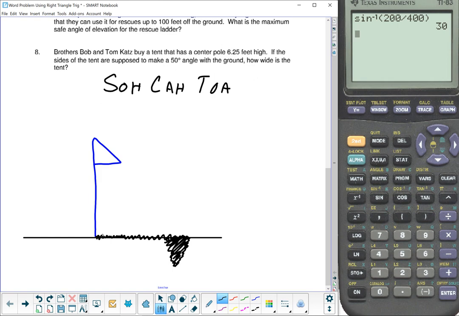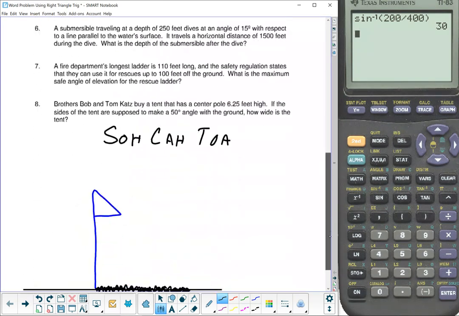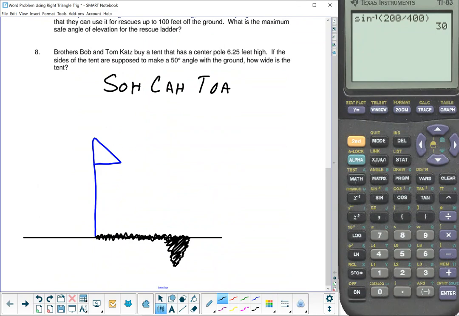So a 12-meter flagpole casts a 9-meter shadow. I know I'm a little bit off, but sue me. And obviously the sun is about right here.